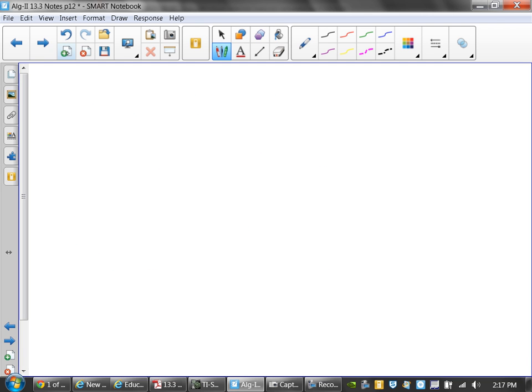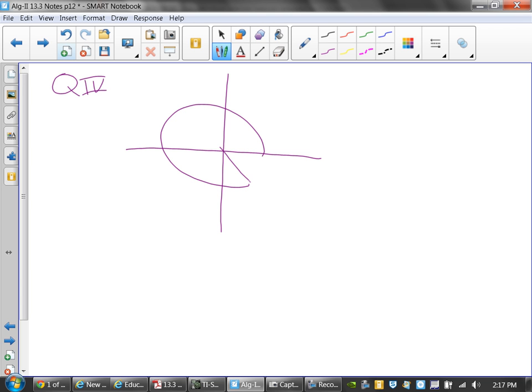And then obviously the last quadrant. If I'm in quadrant 4, let's say theta is 320 degrees. 360 minus theta. Yeah.